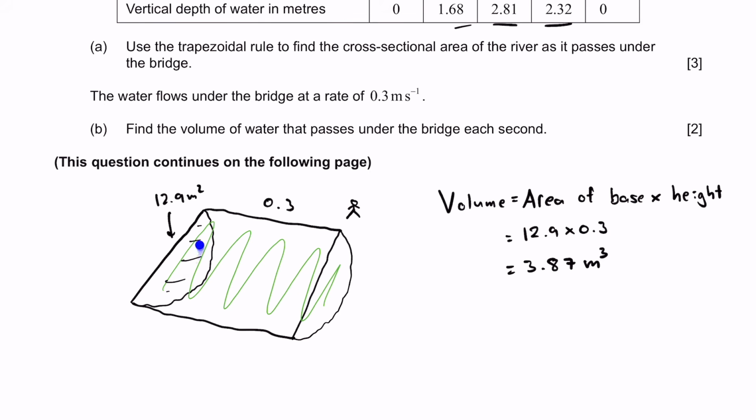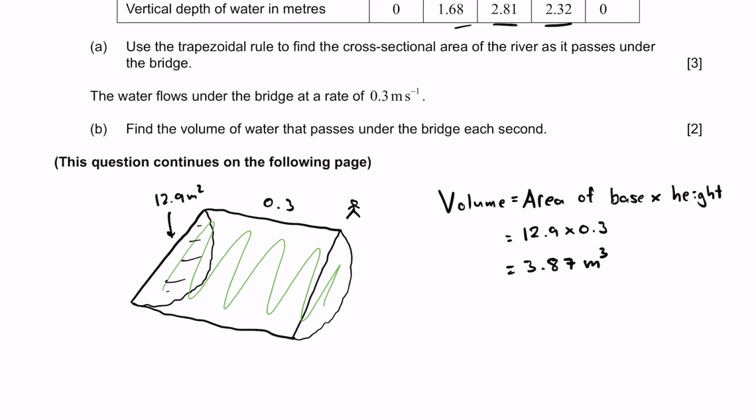Well, cross-sectional area times extension. The basic way we write this is area of base times height. And that's our volume of water that passes by every second.